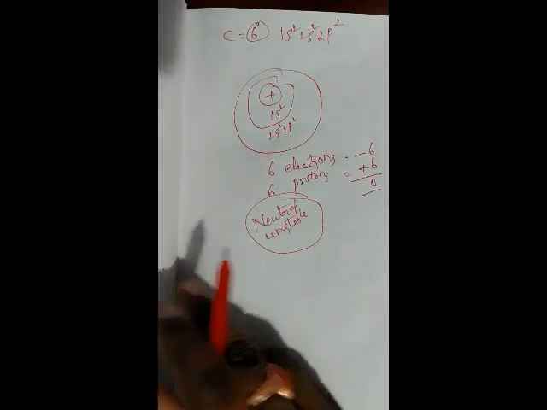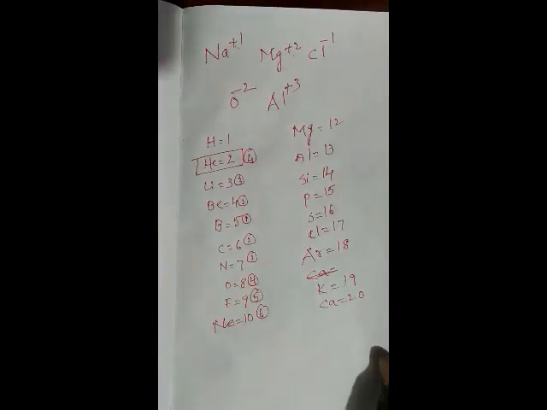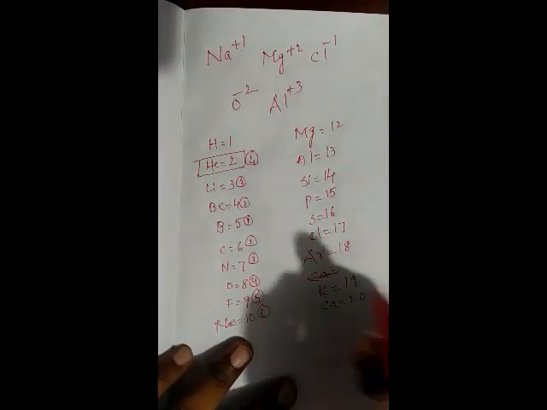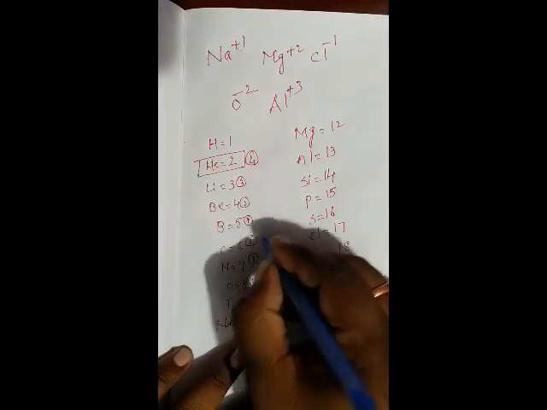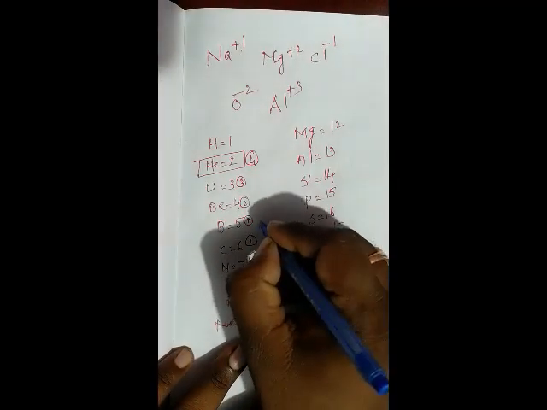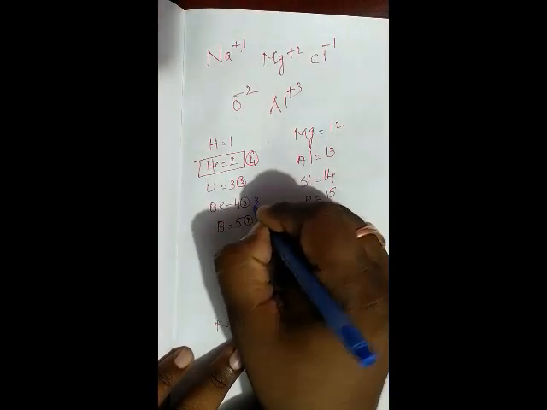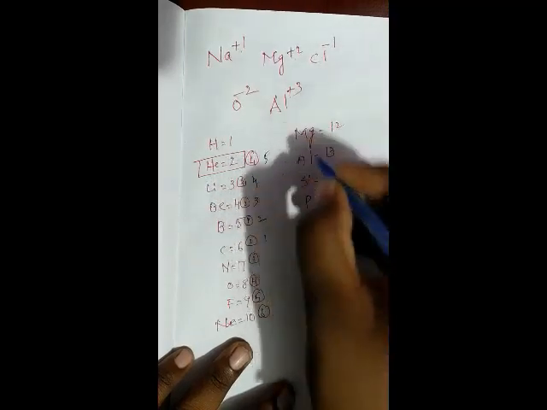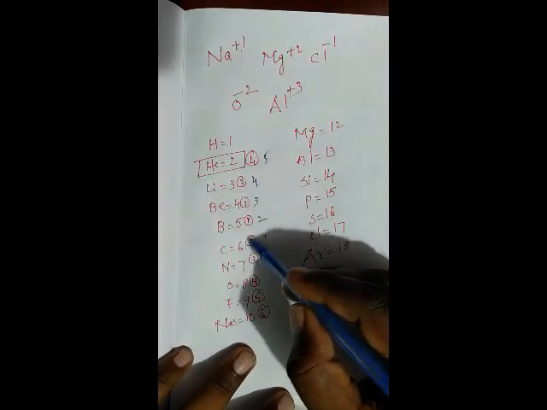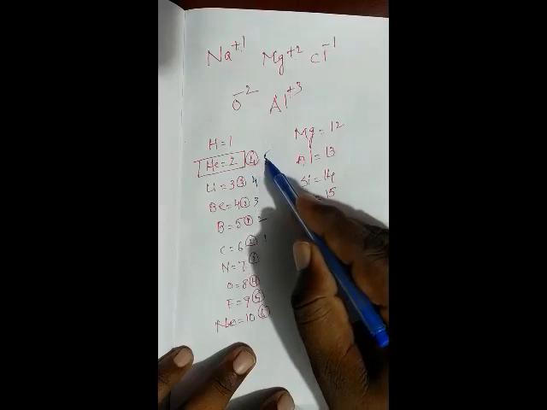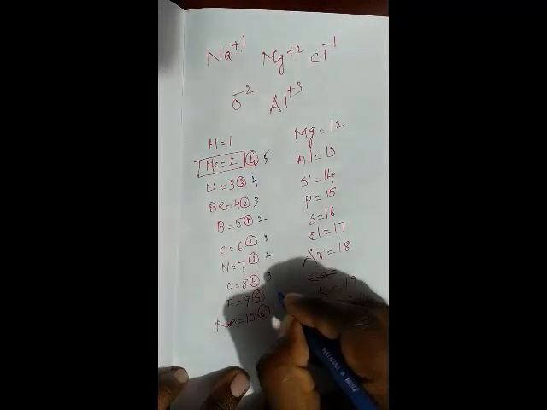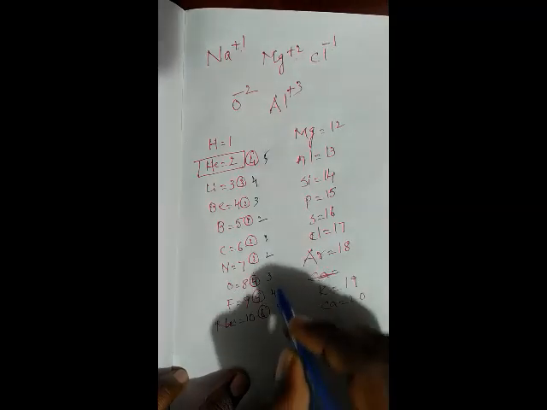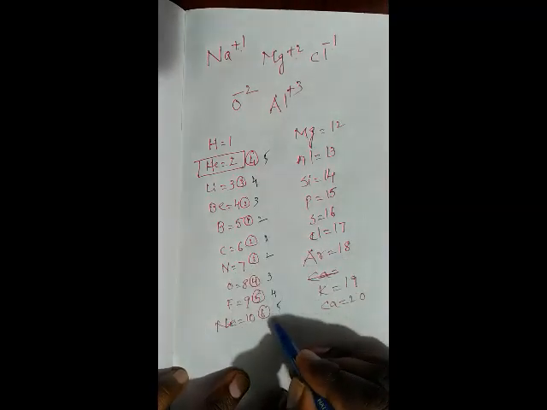That nearest inert gas is, see, first here carbon, carbon 1, 2, 3, 4, 5. So near that carbon, one inert gas is helium, and its position is 5. 1, 2, 3, 4, 5. And near that carbon, one more inert gas is present.